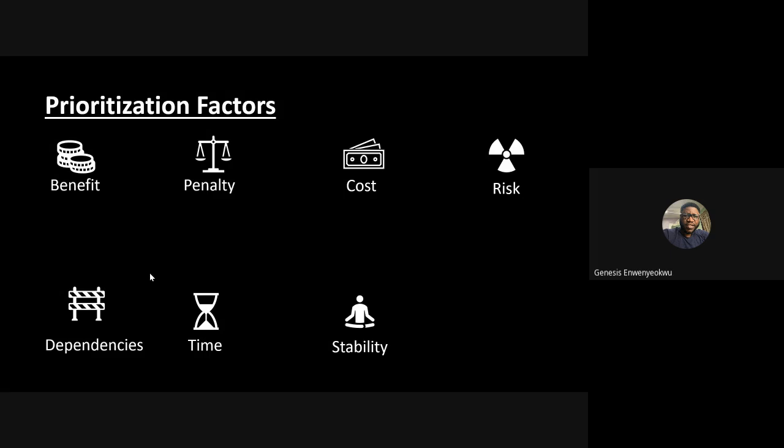And we will prioritize any initiative that will help us achieve that over the new feature we want to deliver. So sometimes stability could be a factor that influences our prioritization for a particular piece of work.